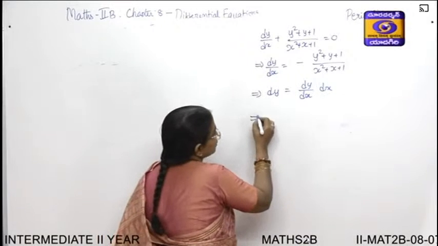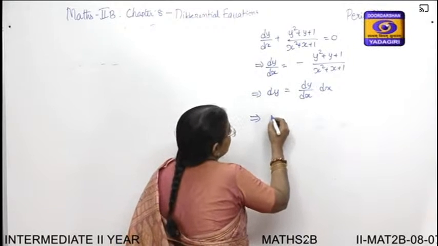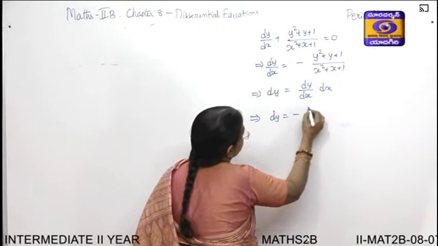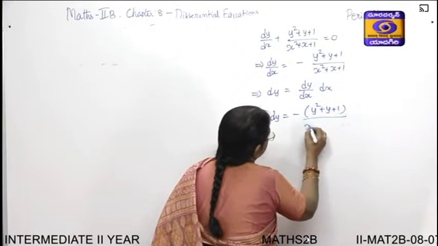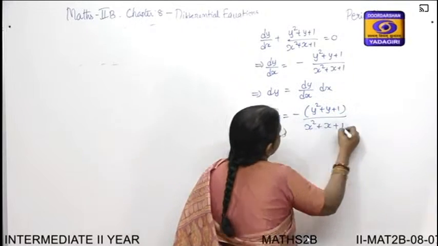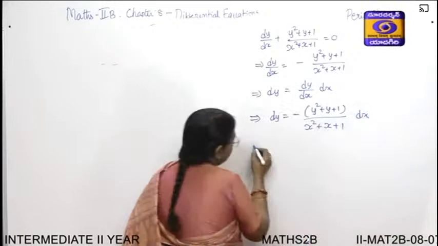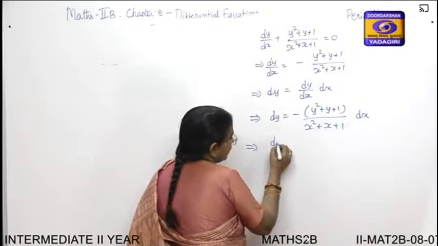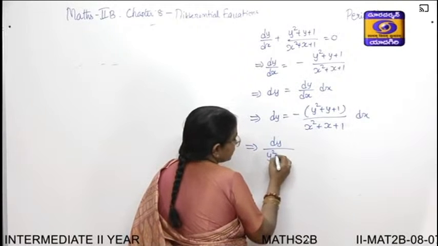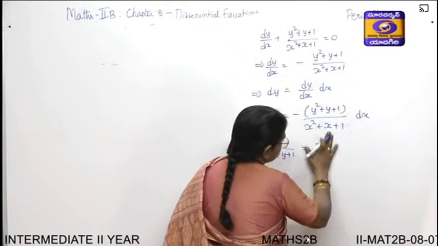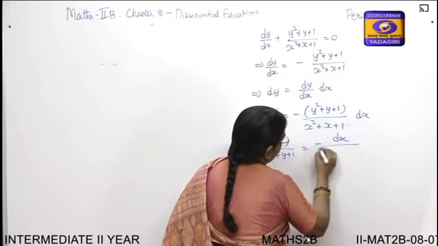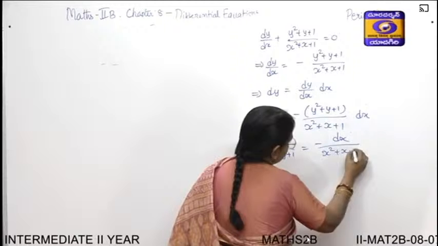We need not use any substitution. So dy is equal to minus of y square plus y plus 1 by x square plus x plus 1 into dx. So that means dy by y square plus y plus 1 is equal to minus dx by x square plus x plus 1.